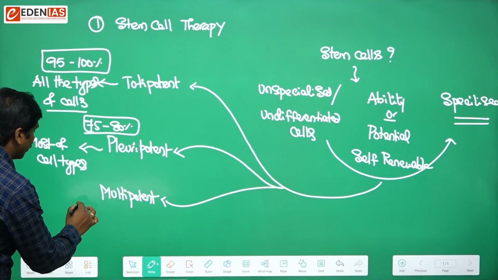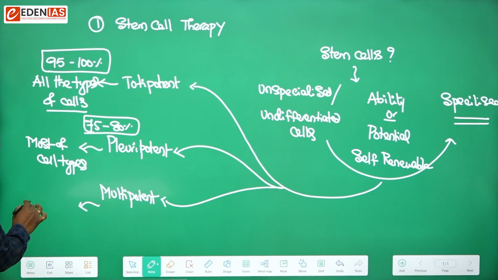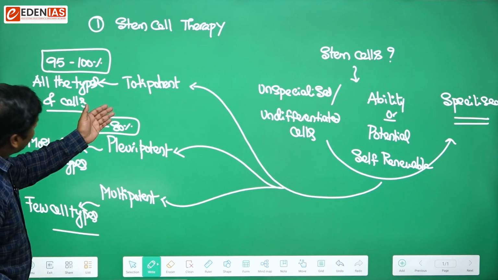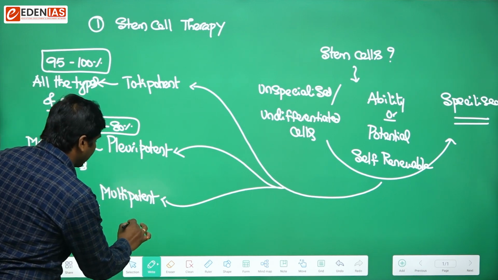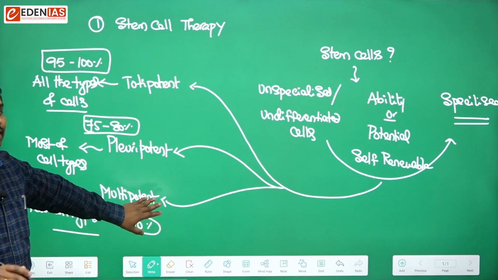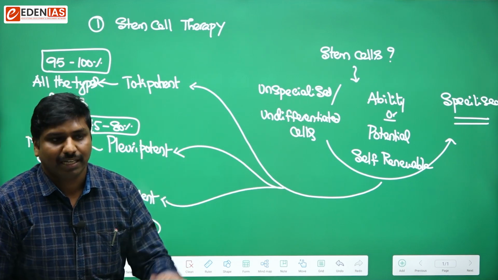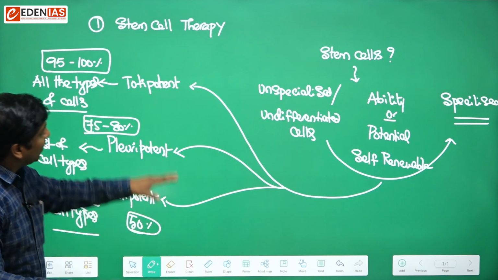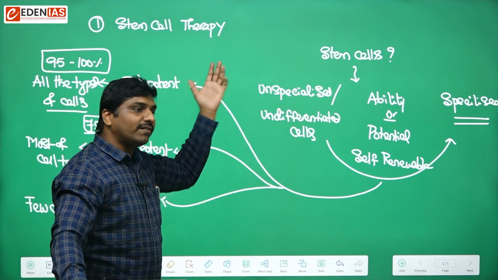Multipotent means they will have the ability to develop into a few cell types. Let's say we reduce the range to roughly around 50%. It's hypothetical; I'm just denoting it for your understanding. There is no such criteria. So that is how stem cells are of different types.